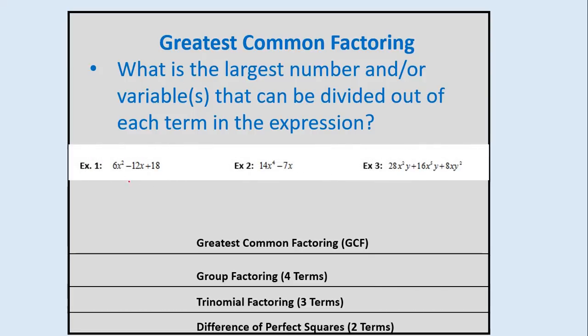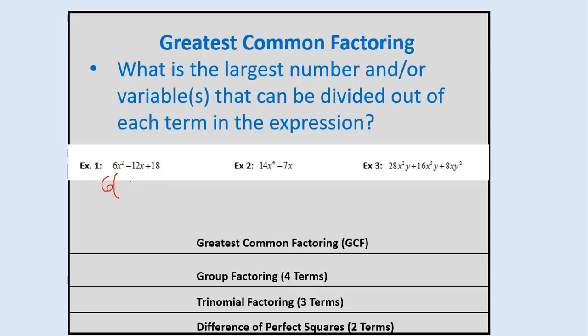So I'm going to first see what number I can divide out of a 6, a negative 12, and an 18. And I want the biggest number. Well, a 3 can go out of all of those, but definitely a 6. We could definitely take a 6 out of everybody. Can everybody have an x divided out? No, because this 18 doesn't have an x.